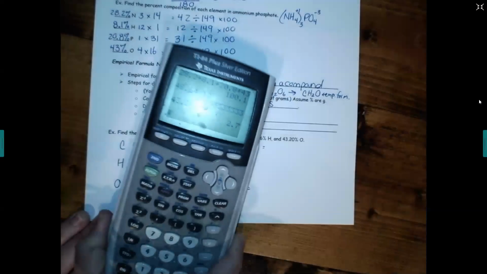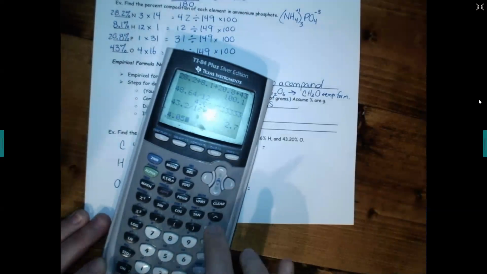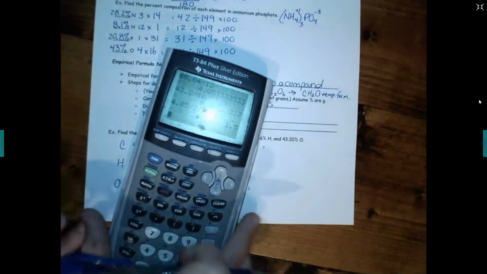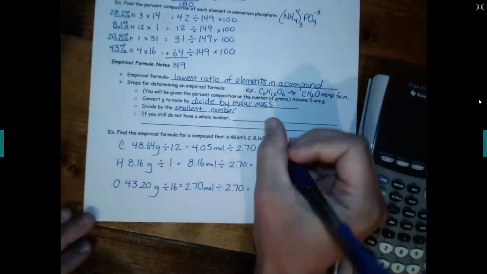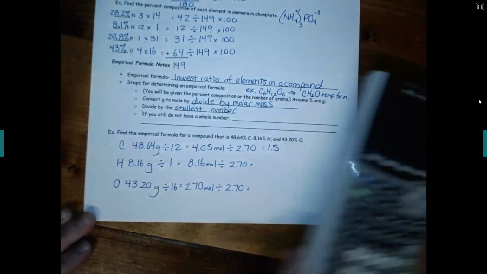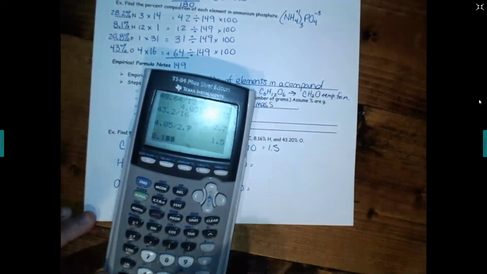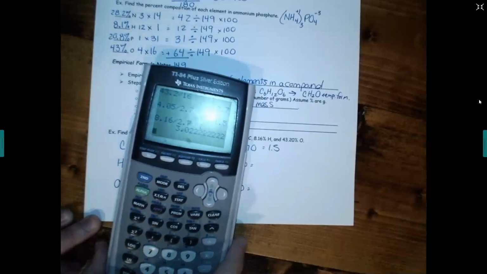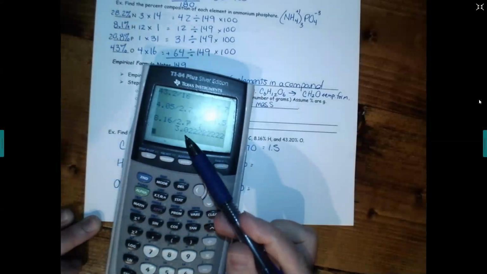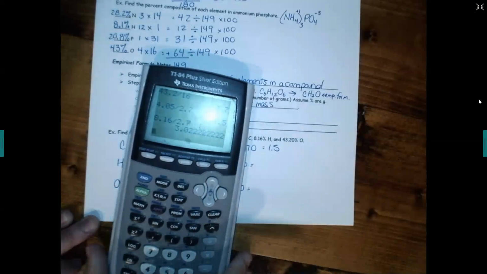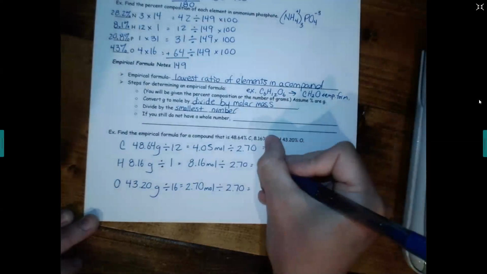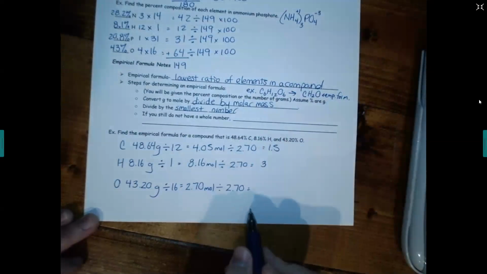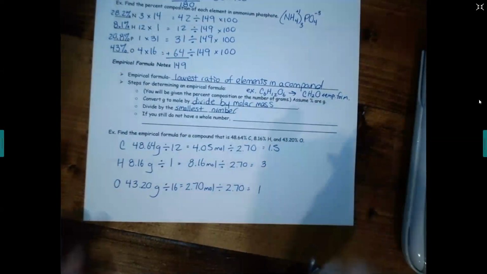Now let's see what we get. 4.05 divided by 2.7 gives me 1.5. 8.16 divided by 2.7 gives me 3. I know it's 3.0222, but you can just round that to 3 since it's followed by a 0. And then 2.7 divided by 2.7 gives me 1.